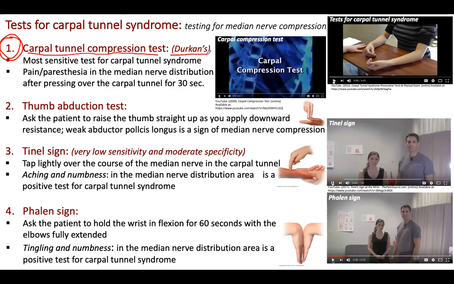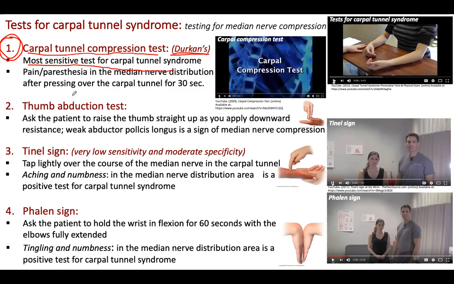Of course, if I put it in the test, which test is most sensitive, and I put the name carpal tunnel compression test, I'm giving you the answer, literally. But if I put Durkan's test, and you know that Durkan's test is another name for carpal tunnel compression test, then you choose this one as the most sensitive test for carpal tunnel syndrome, okay?